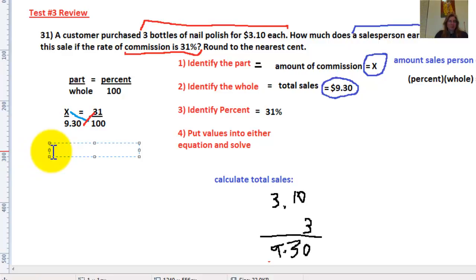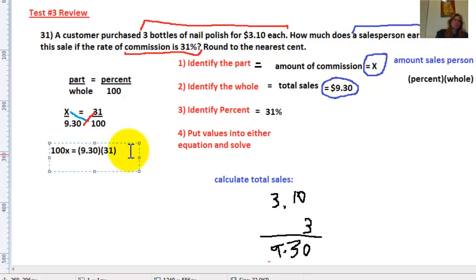So let's change the problem to look like that. We're going to have 100x, a small x, that will equal $9.30 times 31, and I'm using the parentheses to indicate multiplication.